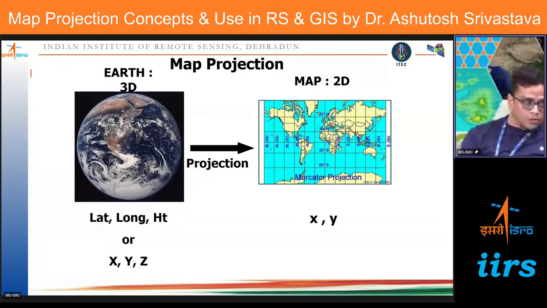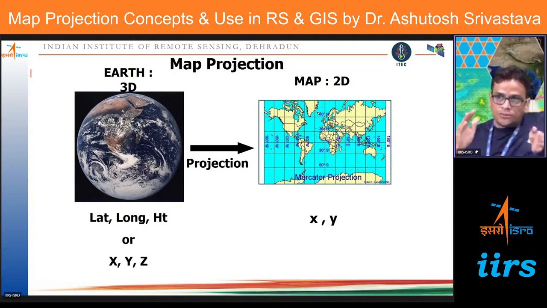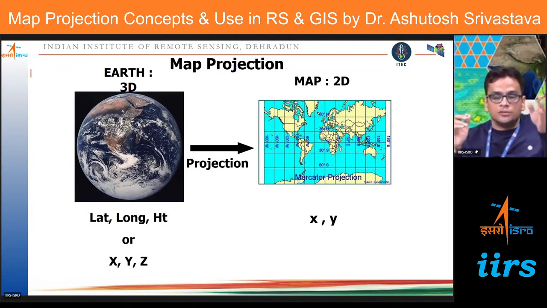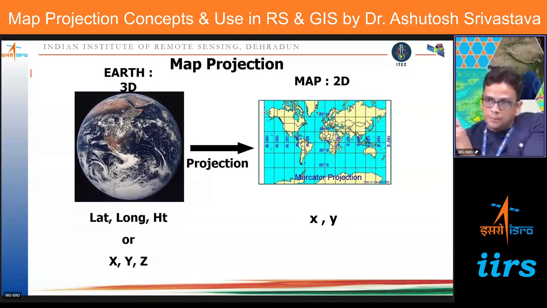So based on this three-dimensional information, we are going to generate different maps. A map is basically a two-dimensional thing. Here we have a three-dimensional thing where X, Y, and Z information is available. So the transformation of three-dimensional to a two-dimensional sheet or map is basically called a map projection.